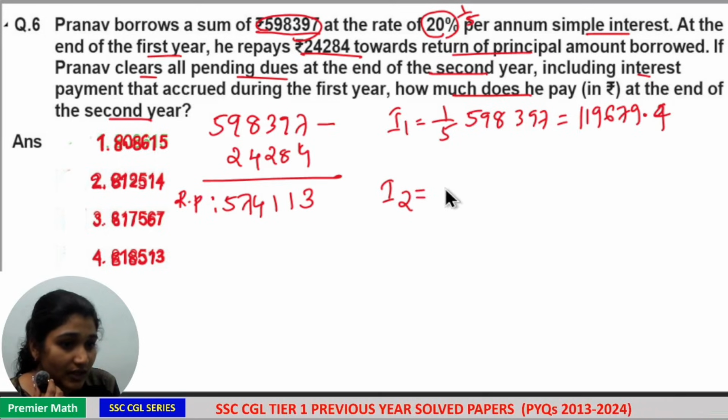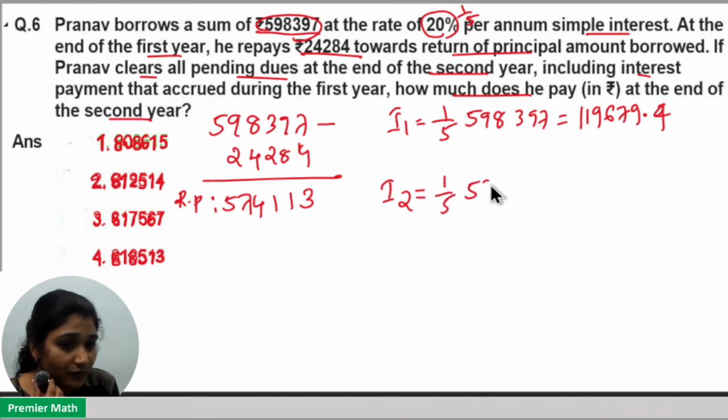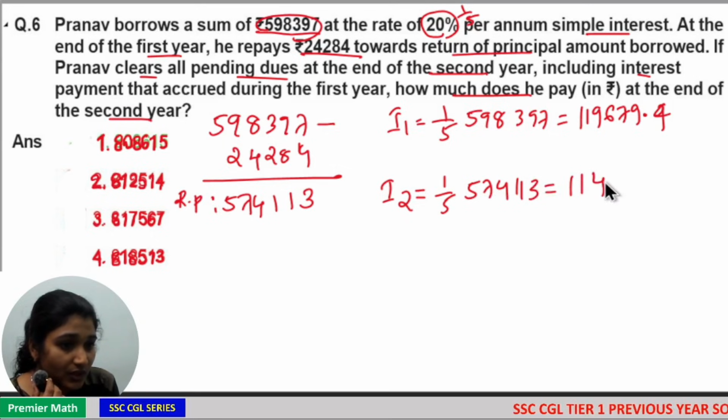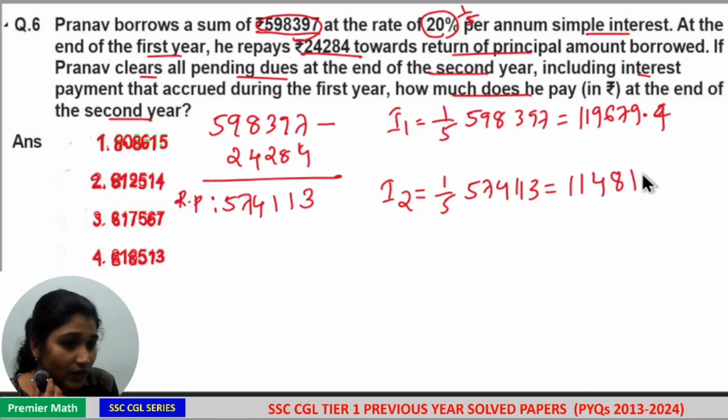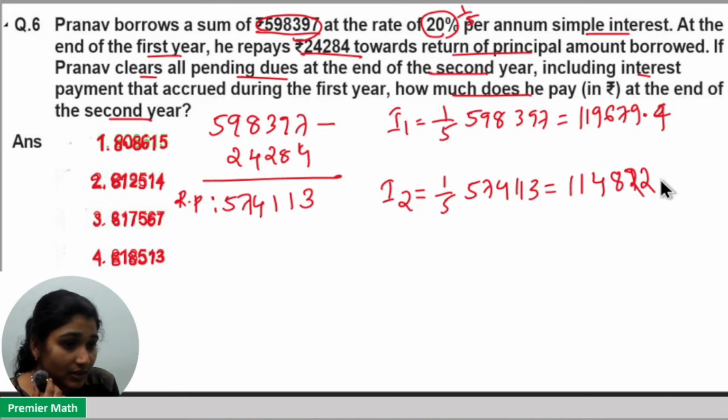And here interest for the second year means again 1/5 of the remaining principal, which is 574,113. 5 goes 1 time in 5, 1 time in 7, 4 times in 20, 8 times in 40, 1 time in 10, 2 times in 10, 2 times in 13, again 6 times in 13.